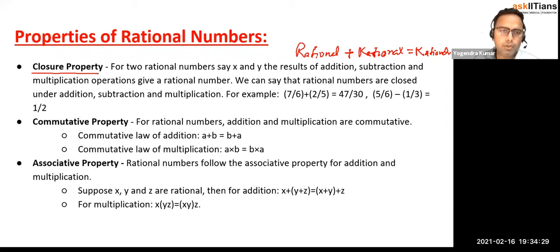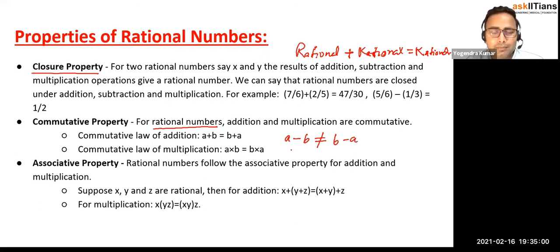Commutative property on rational numbers. So what do we say? Rational numbers follow commutative property. Means what? Commutative law says a plus b is the same as b plus a, because it is not going to change any value. Same thing goes with the commutative law of multiplication. A into b is same as b into a. Obviously this is not true for subtraction.